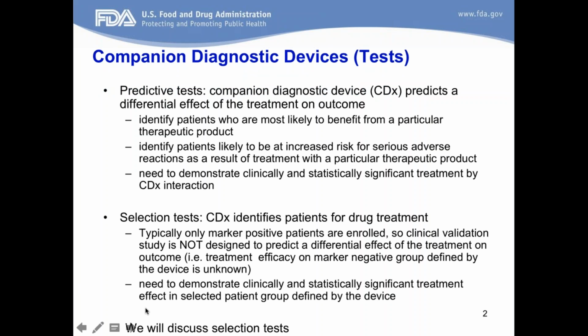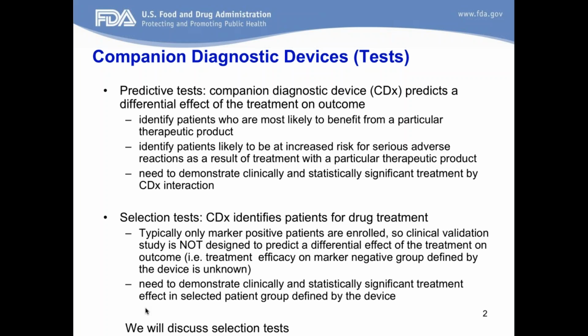Based on the FDA regulation, there are two different types of companion diagnostic device. The first one is called a predictive test. Sometimes we use test and device interchangeably, so in my talk, sometimes I refer to device, sometimes I refer to test.